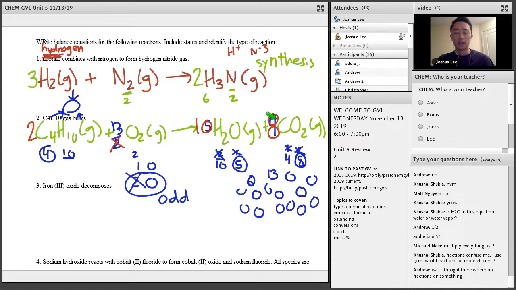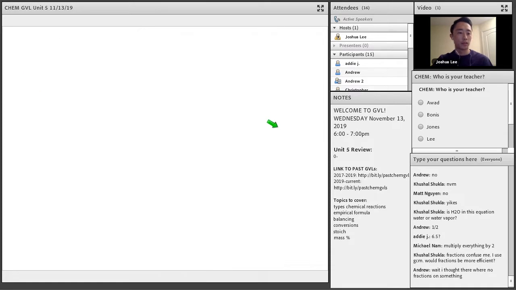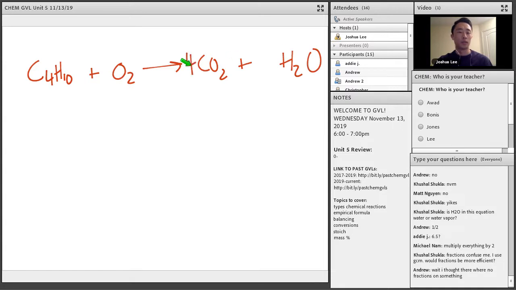Another way that you could do it is what Kushal said, the least common multiple. So let's pull this out again. So if C4H10 plus O2 makes CO2 plus H2O, and now we got 4, 5. So we're stuck at there's 2 oxygens and then there are 13 oxygens. And between these two numbers, what Kushal is saying, you can find the least common multiple.